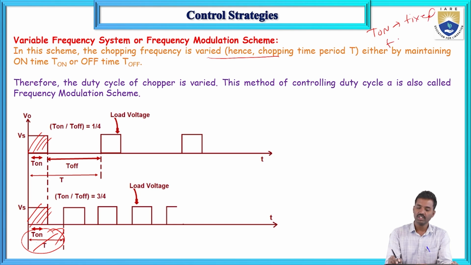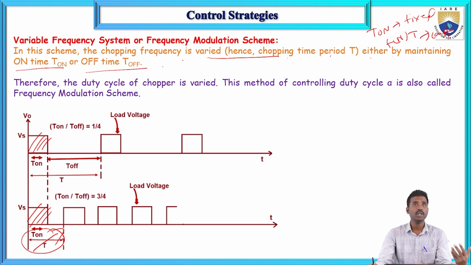In this, the chopping frequency is varied, or the chopping time is varied. So either maintain T on or T off. Either you can fix T on or T off. So that is the reason the duty cycle is varied.